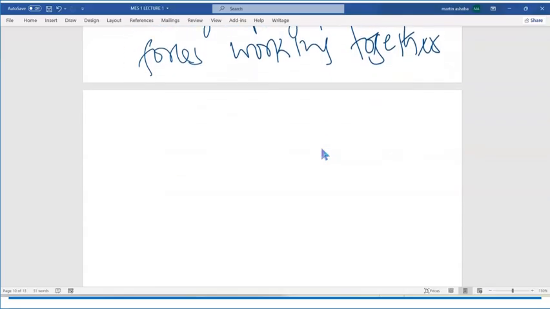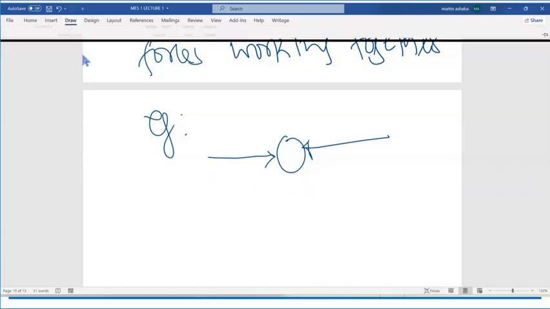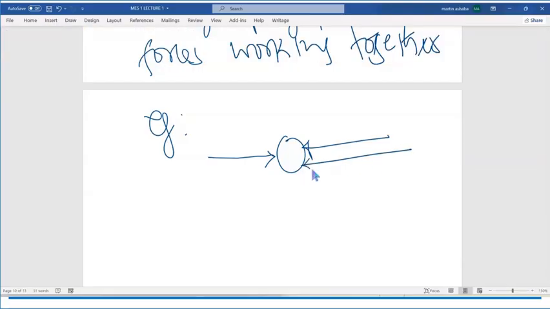So for example, you could say I have a body with these forces. Now let me first consider one direction for simplicity. So you have 10 newtons, you have 5 newtons, and here you have 20 newtons.